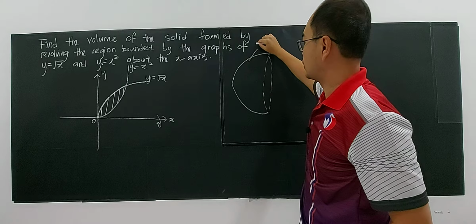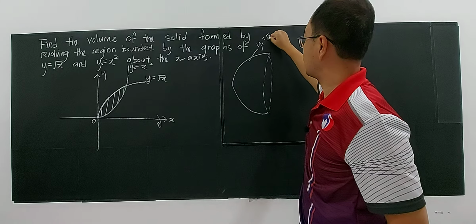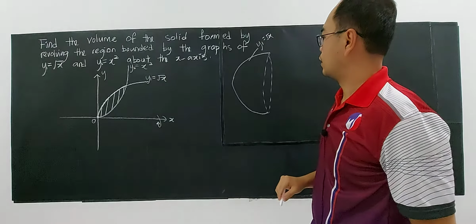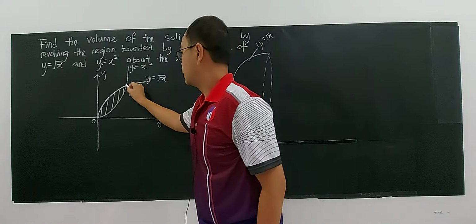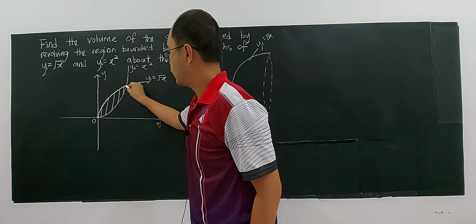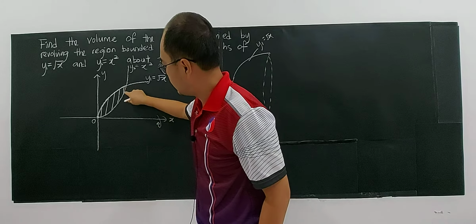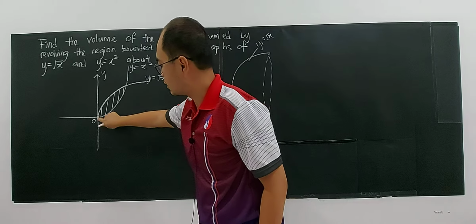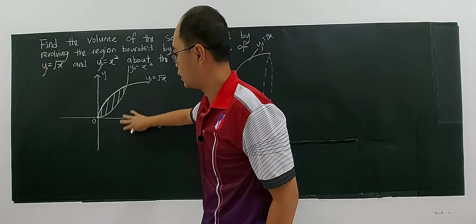So this will be the graph of y1 equals square root of x, followed by this curve. This curve will form a smaller solid, but here is an empty space, right? There is no solid here.